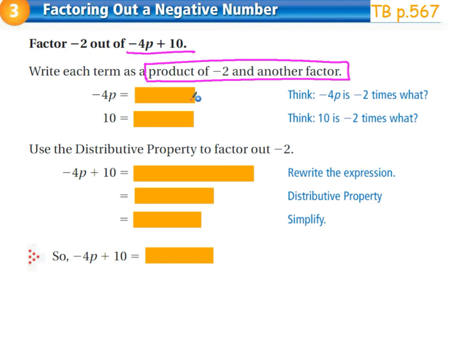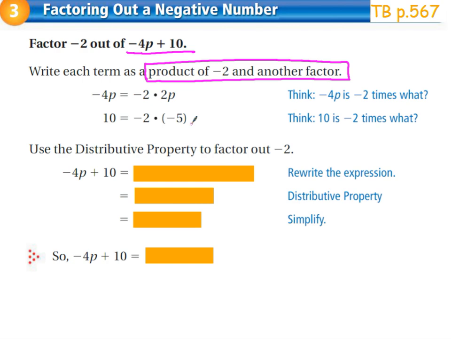If I take a -2 out of -4p, I need to multiply -2 times 2p to get -4p. If I take 10 and divide it by -2, I would get -5 because negative 5 times negative 2 gets me back to 10.